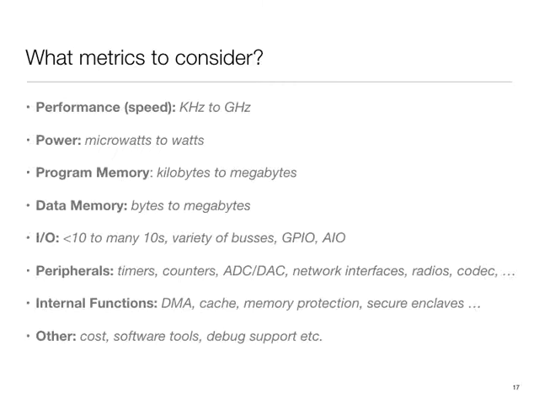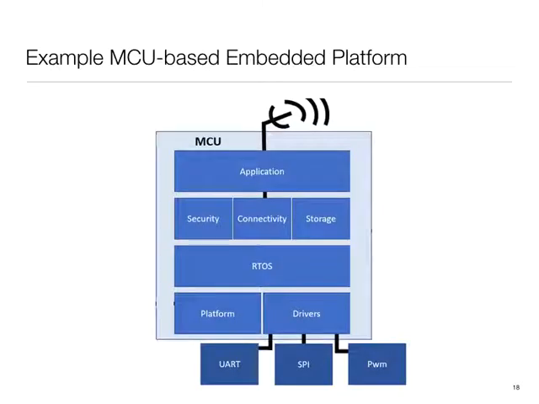There are indeed MCUs that go up to gigahertz range, power from nanowatts to watts, program memory, data memory, I/O, peripherals, internal functions, and all sorts of other considerations. It's a very rich mix, and just a single vendor will probably offer a few hundred, if not more, configurations of their MCUs, and just selecting them becomes an interesting initial design consideration.